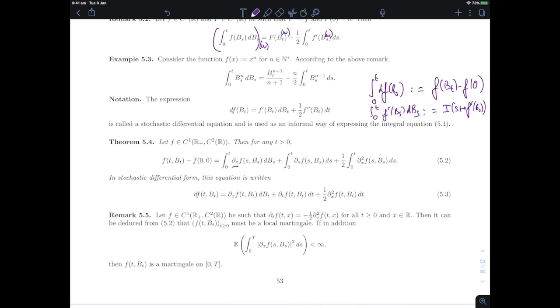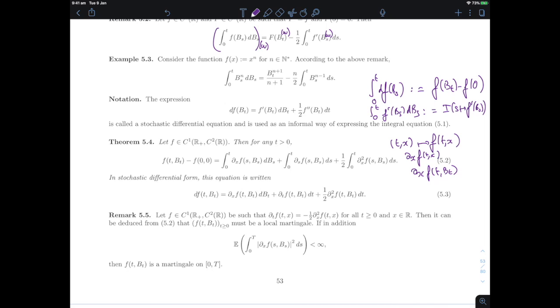So when I write dx and ds, what do I mean by that? My function is a function of t and x, and then I plug the Brownian in for the x variable. So when I write dx of f(t,x), I mean the derivative with respect to the second variable of my function, and then I can plug into that derivative the Brownian instead of x.